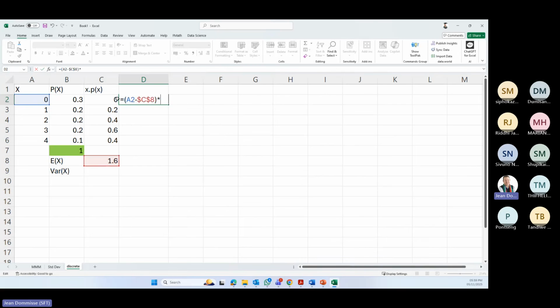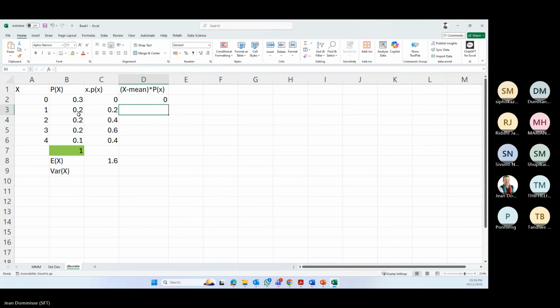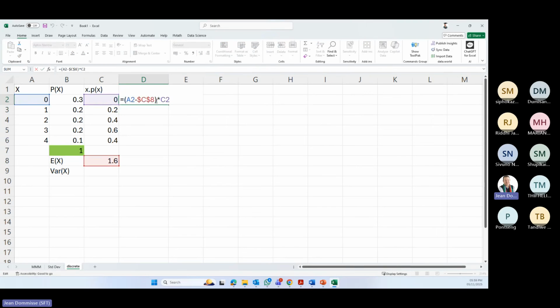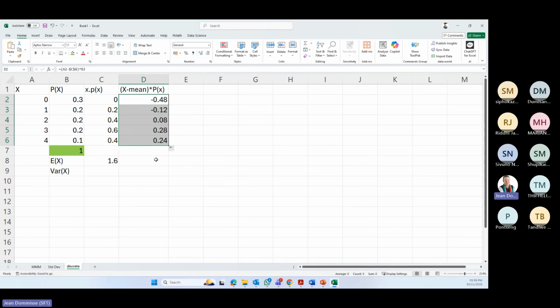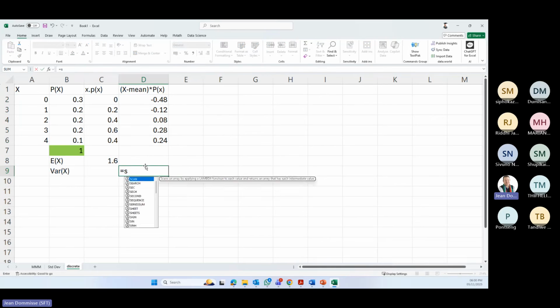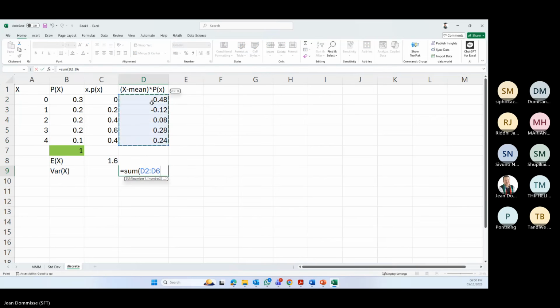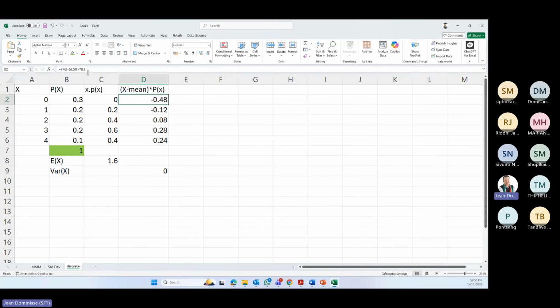And that times the probability. Okay, so can that be everything? No, because that sum will be equal to 0. So we missed that. We needed to square it somewhere.